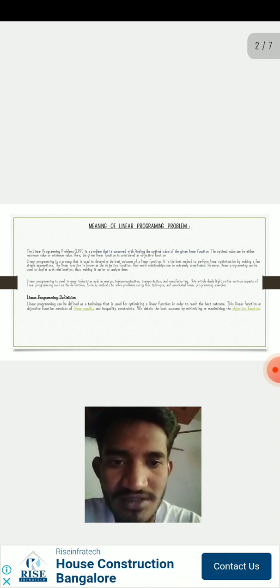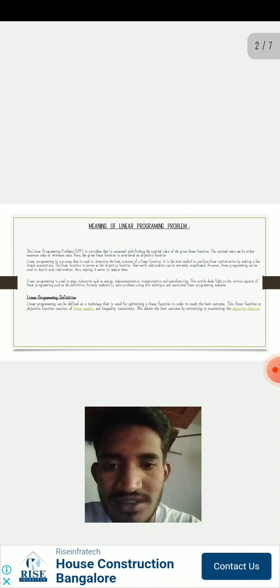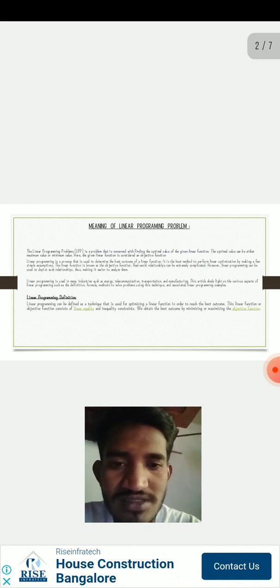This article sheds light on the various aspects of linear programming, such as the definition, formula, methods to solve problems using these techniques, and associated linear programming examples.